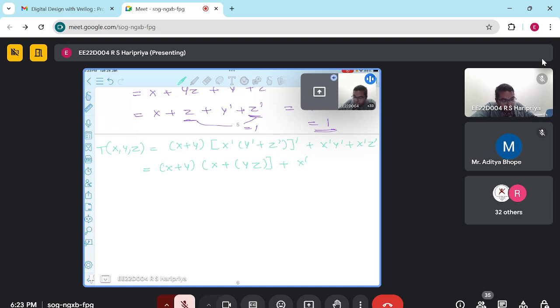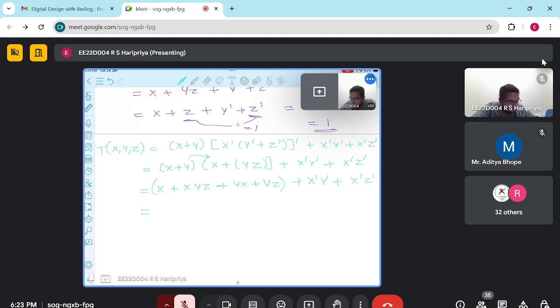Next, x complement y complement plus x complement z complement. And next we have to apply distributive for taking this inside. So x plus xyz plus yx plus yz. This much is one term and this is the same term.